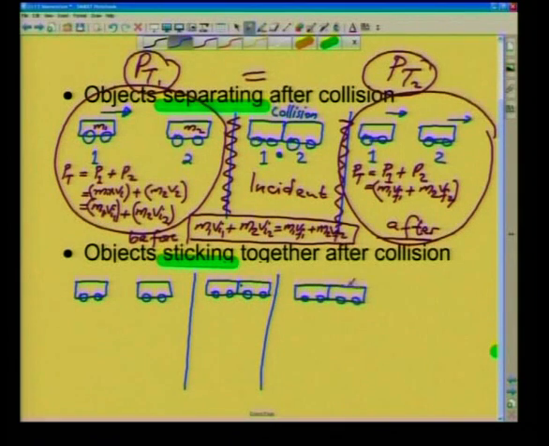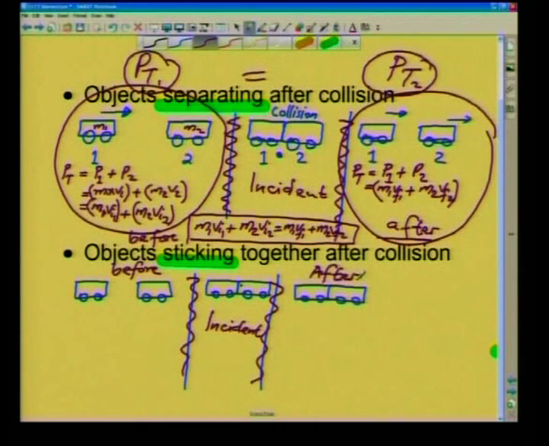So this is the incident, this is before, and that is after. So after collision, they stick together.